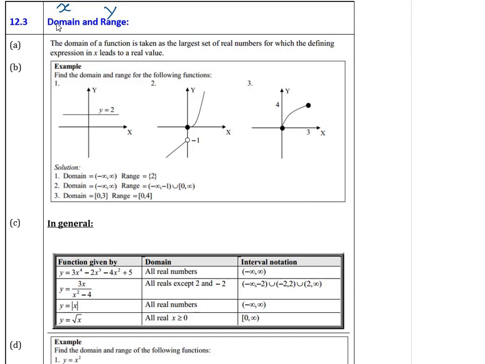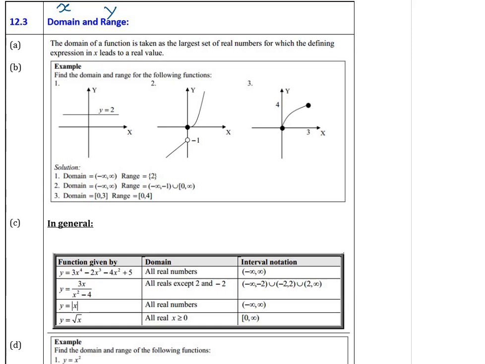Then we can decide what the possible outcomes will be. If it's meat, it will be minced meat, and so on. So we first define the domain. Now, if the domain is ready, then I look at what the possible answers are. In other words, can I have negative answers? Can I have zero as an answer? Can I have positive answers? And then I can define the range.